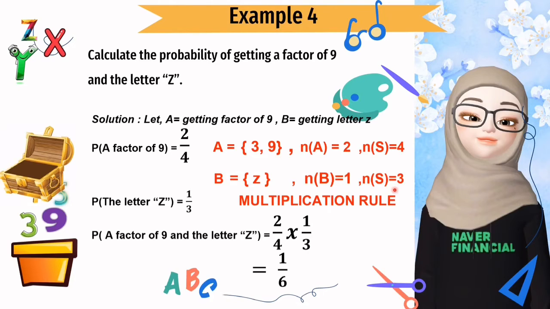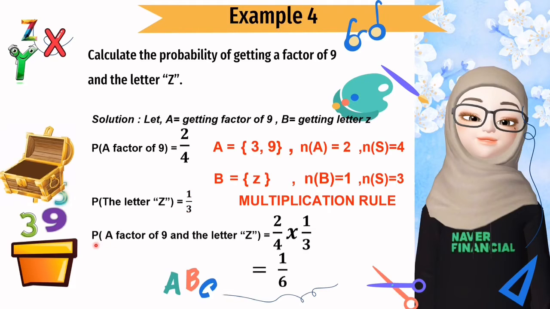So based on this information, we can get the probability. So the probability of getting a factor of 9 is 2 over 4. And the probability of getting letter Z is 1 over 3.